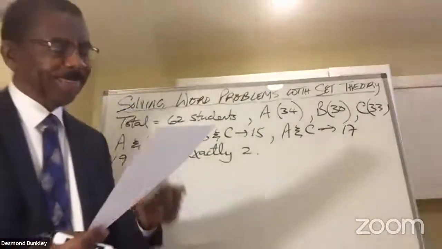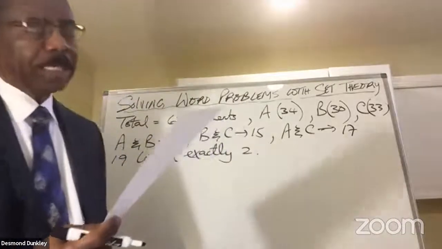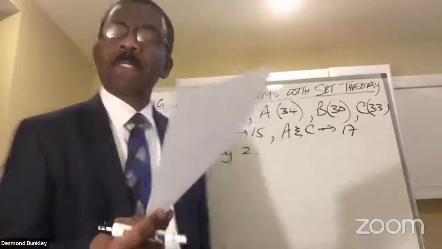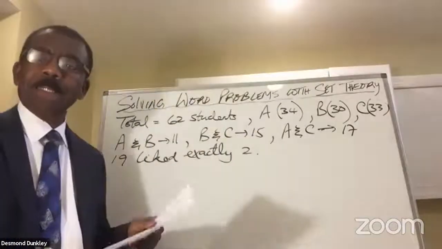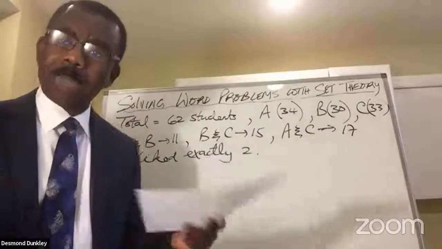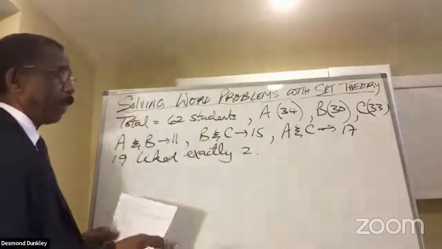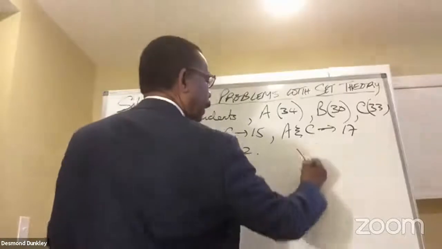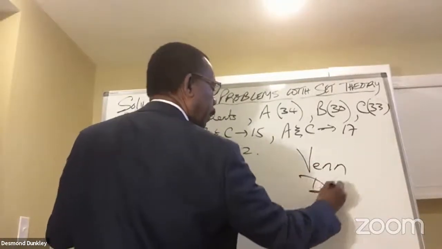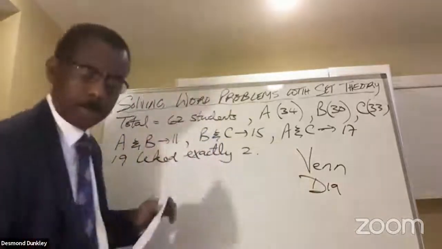Okay, here we go. How many students liked apricots but not bananas or cantaloupes? So what I recommend is represent these pieces of information in a Venn diagram. And by the way, we know Venn diagram is spelled V-E-N-N.